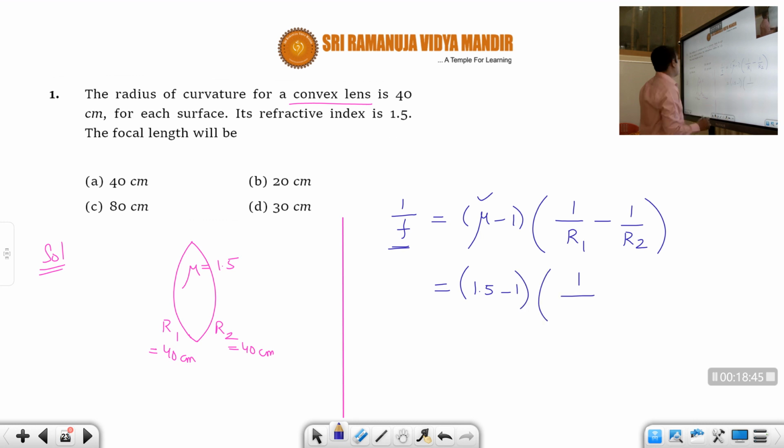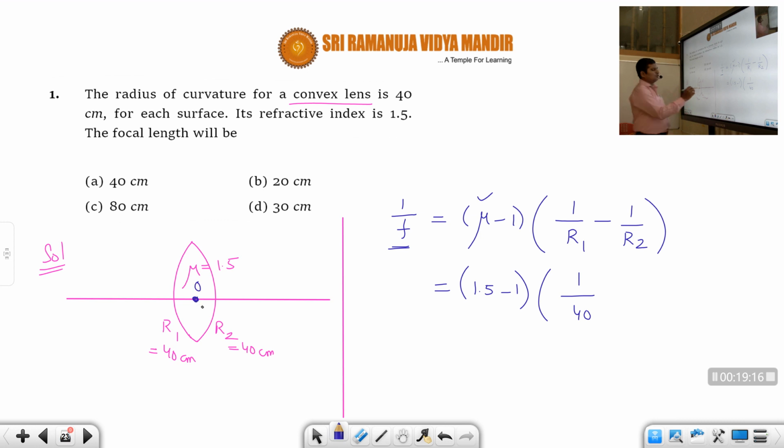R1 is how much, students? 40. So shall I write just 40, students? We have to verify whether it is positive or negative. So how to determine? We know according to the sign convention, the first rule is that all distances are measured from the pole in case of mirrors, and in case of lenses, from the optic center. So let us take this as the optic center, the center of the lens.